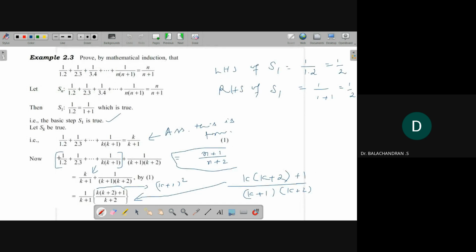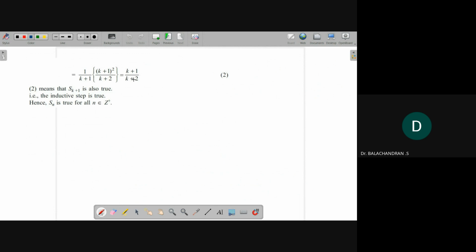So I want to show that the statement is true for n equal to k plus 1. That means n by n plus 1 becomes k plus 1 by k plus 2. Now it is correct. So you can check it. This is equal to the next slide, k plus 1 by k plus 2.